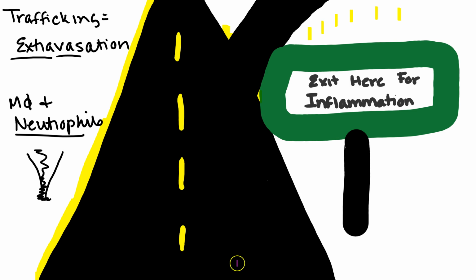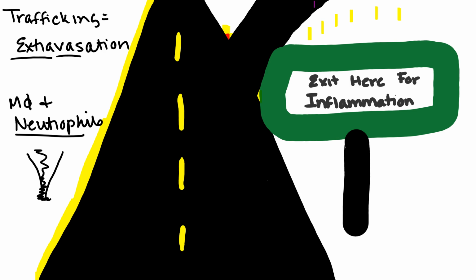They're just driving along, speeding along, all right? As they are traveling, that's way too fast for them to note signs of inflammation on their own, unless we actually have some sort of clear sign that says, hey, you should get off here and go to that particular site of inflammation. So they have to be told to stop and enter at the exact site of insult, injury, or infection.